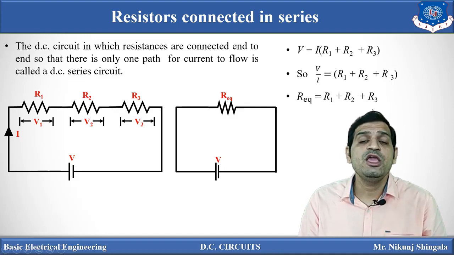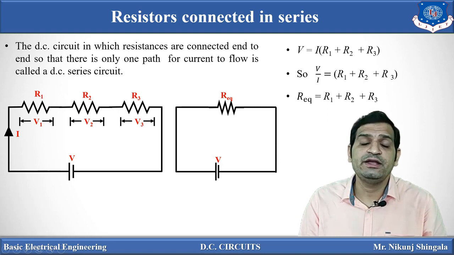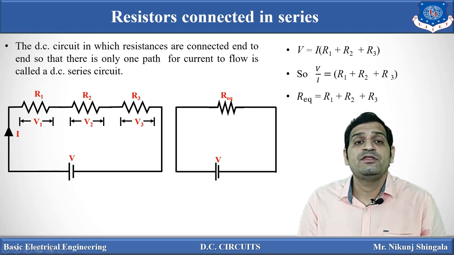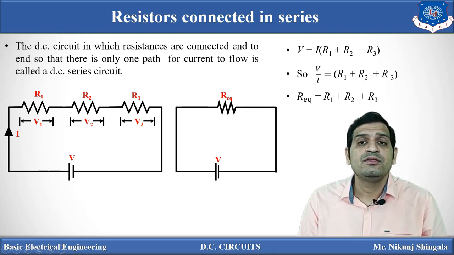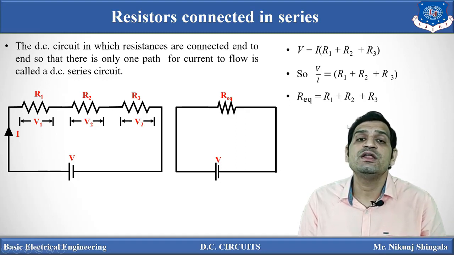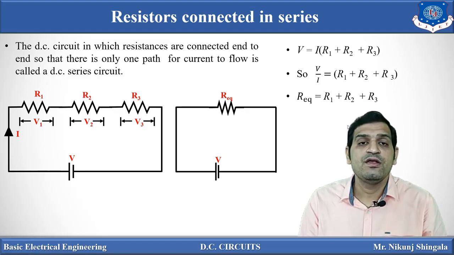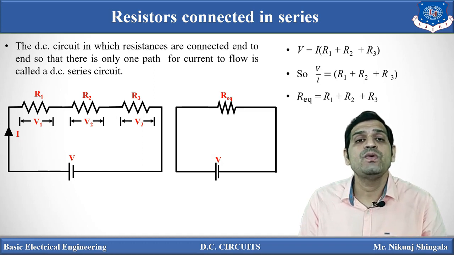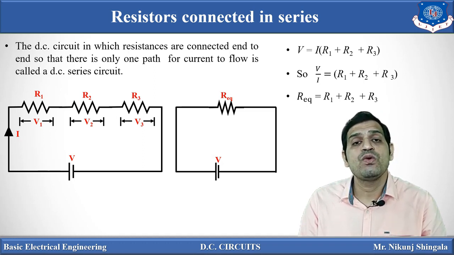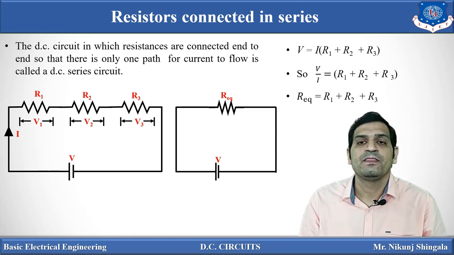So this is the equation of series connected resistances. In terms of a statement, we can say the equivalent resistance is the sum of individual resistances. If there are n resistances connected in series, we can write R equivalent is equal to R1 plus R2 plus R3 plus so on plus Rn.